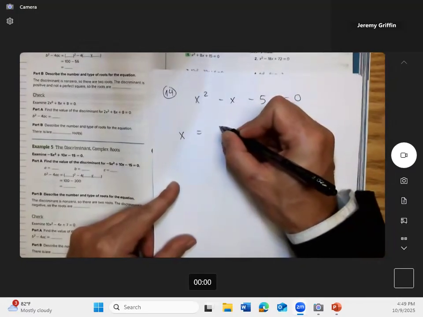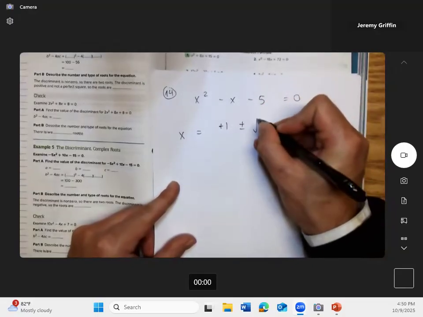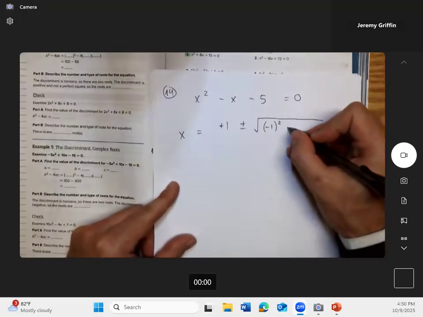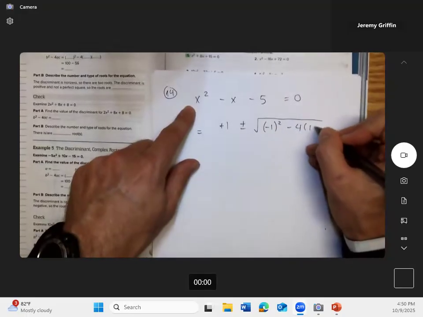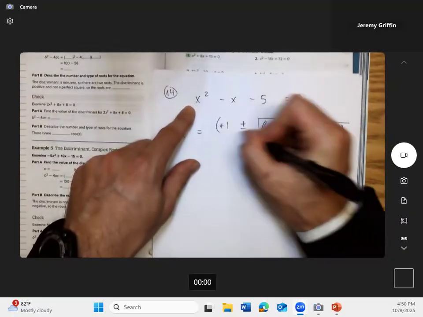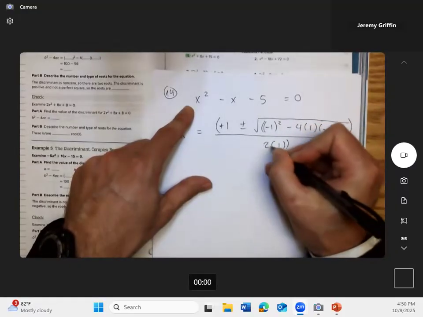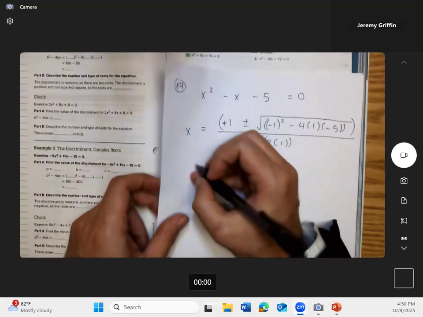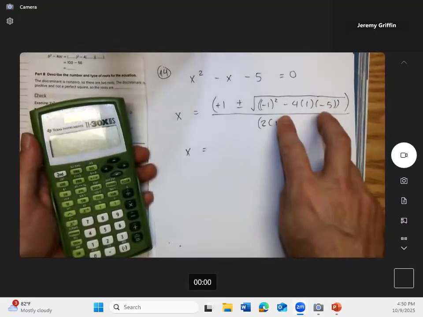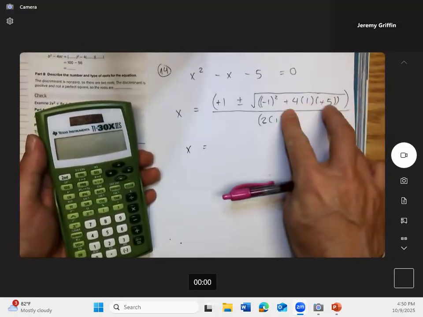So negative b. Now, negative 1 is like positive 1. Okay. So plus or minus the square root of b squared, which is always positive regardless, minus 4 times a times c, all divided by 2a. Over here, negative is positive.